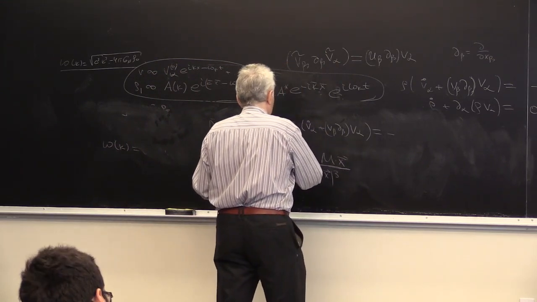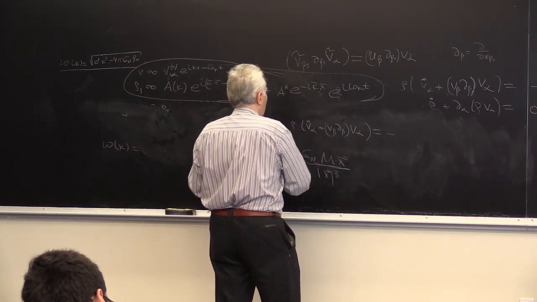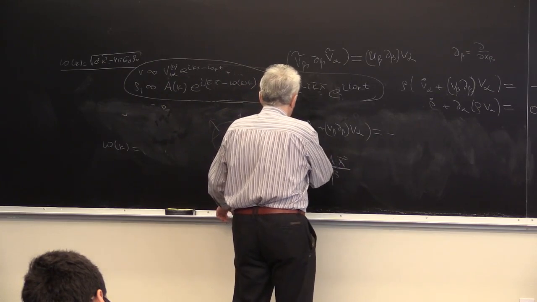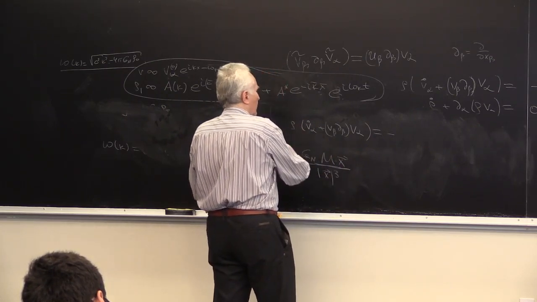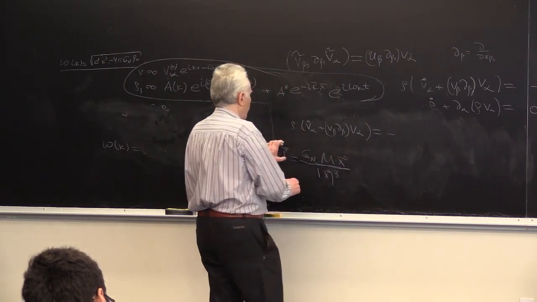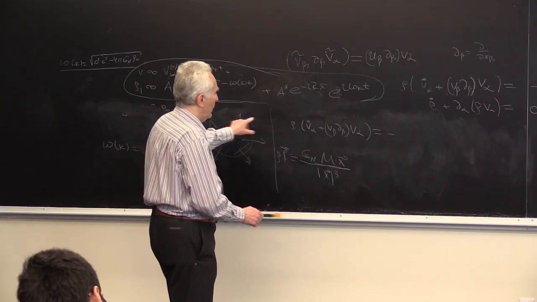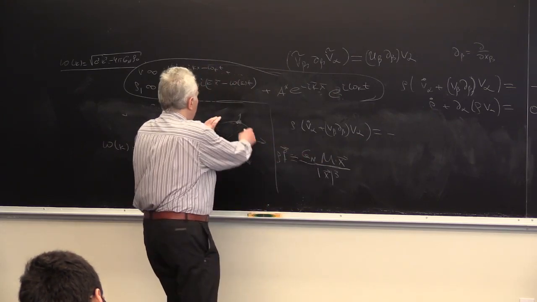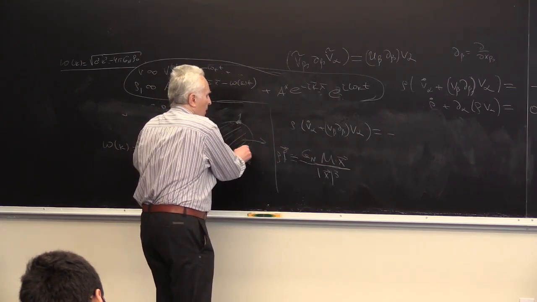So with a minus, because it's attracted. And of course we have to multiply it by rho, the mass of the test particle we are putting here. And the mass here is the mass of the whole universe.